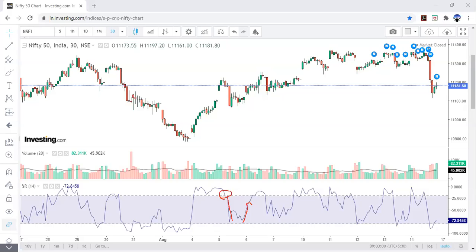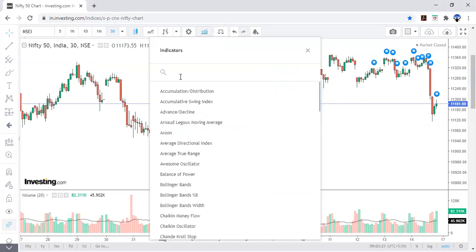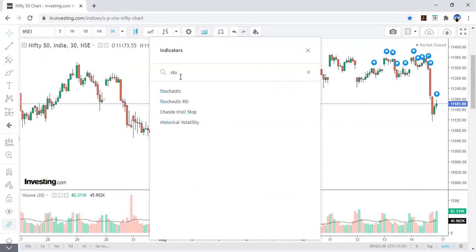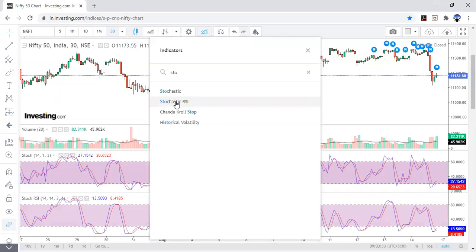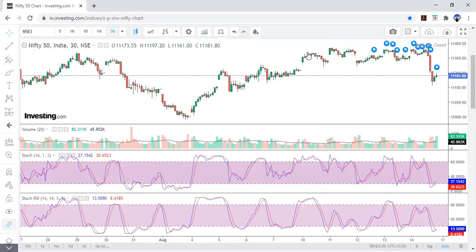In the stochastics, generally the number format, and stochastic RSI, is from 0 to 100. The difference is only that. Let's enter both indicators here again. Then you can check it.